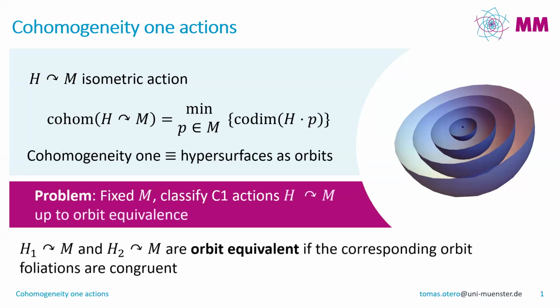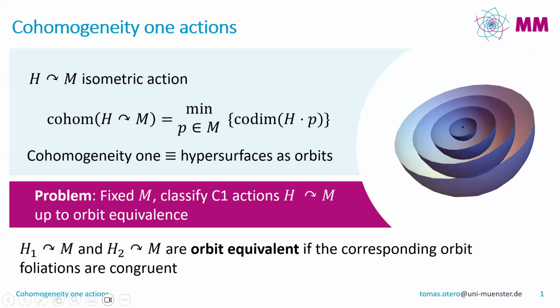In my case, I will fix a notion coming from submanifold geometry. We will say that two cohomogeneity-one actions are the same, or orbit equivalent, if the corresponding orbit foliations are congruent, so if they have the same orbits modulo an ambient isometry.